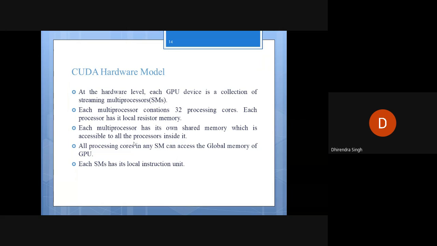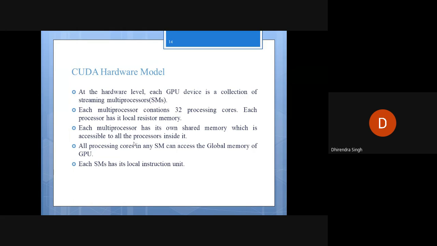So that's the concept of the CUDA hardware model. That's the way CUDA understands how the GPU device looks internally. If you have written a program, this is how it will look internally to a GPU. That's about the CUDA hardware model.